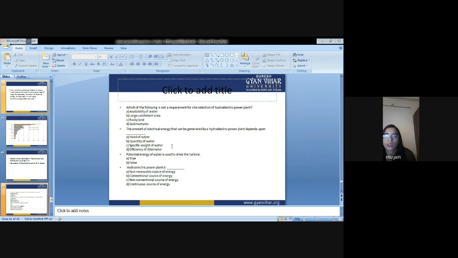Yes, of course, it is true. Next: a hydroelectric power plant is a non-renewable source, conventional source, non-conventional source, or continuous source of energy. We have already discussed that hydropower is a renewable energy source, so it is a non-conventional source of energy.